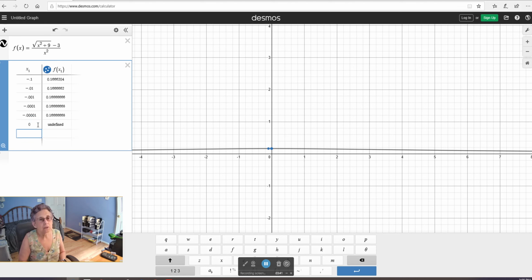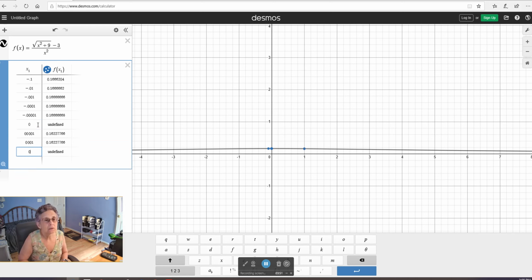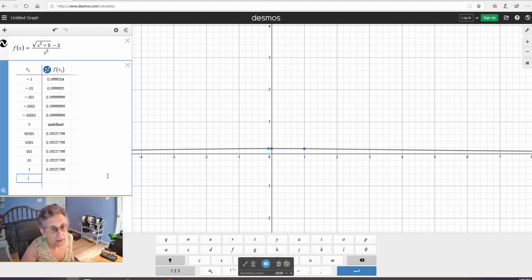But we can look at numbers that are a little bit bigger than 0. 0.1, 0.0001, 0.001, 0.1. And again, we can see that the numbers are getting closer and closer to 1.67.